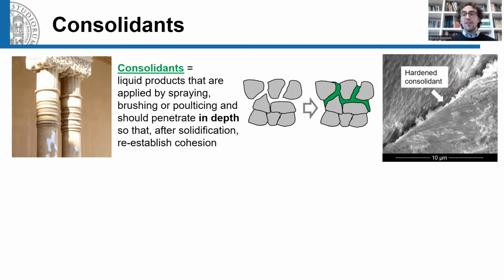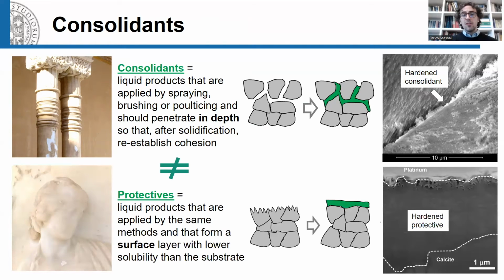And then after hardening, these products should bond the grains of the stone, acting as bridges, thus improving the cohesion of the stone and also its mechanical properties, with the final goal of improving the durability of the stone to the deterioration processes that we have seen. It's important to distinguish between consolidants and protectives.